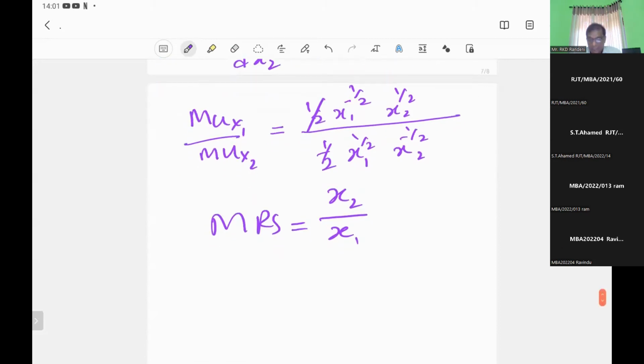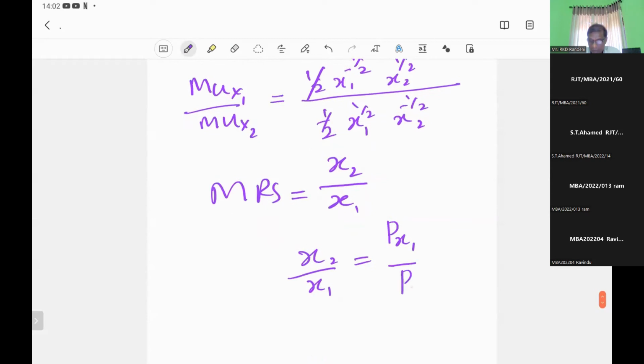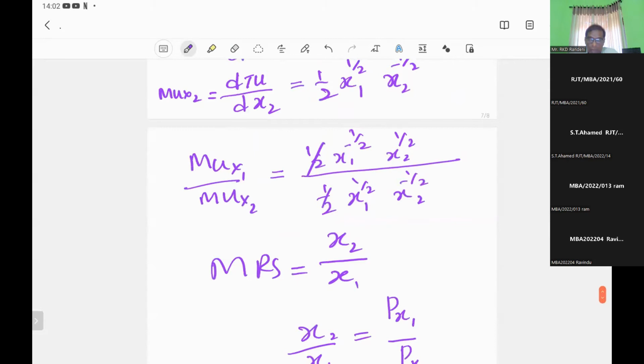At the equilibrium point, MRS is equal to the price ratio of the two commodities, equal to Px1 divided by Px2. Now you have to remember carefully.